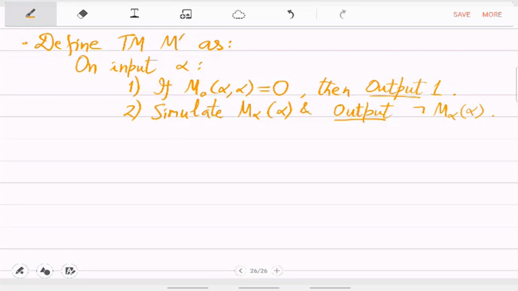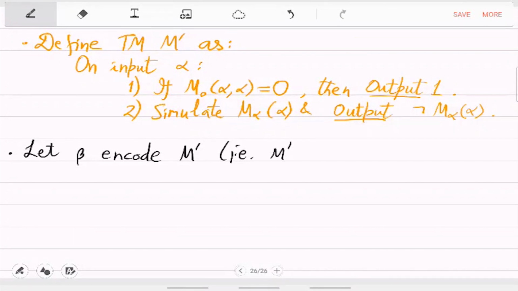So what is the contradiction? Well, we still don't have a contradiction, but we have a Turing machine. We have defined M prime, which is doing something funny. And the contradiction will come when you run, as I had suggested, M prime on itself. That is where the contradiction will happen. So let beta now be the encoding of Turing machine M prime.